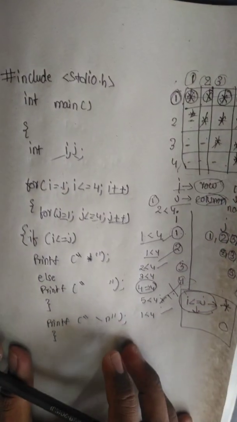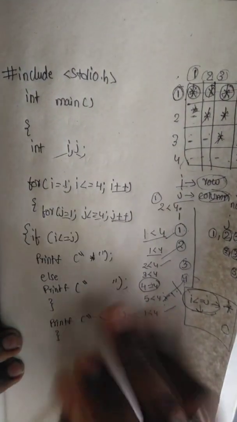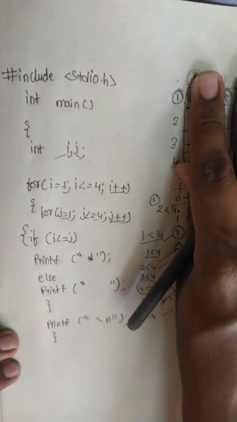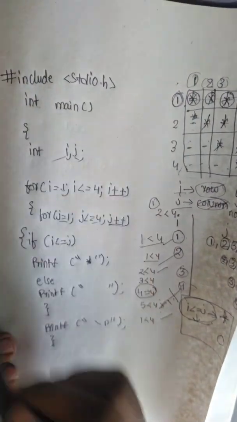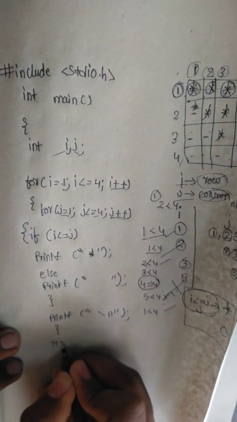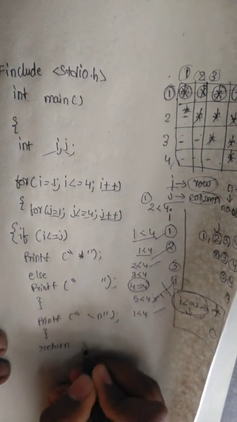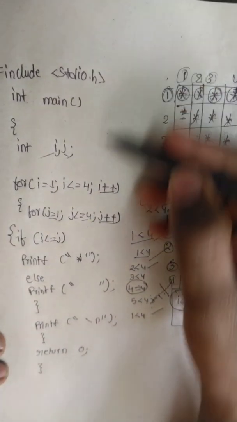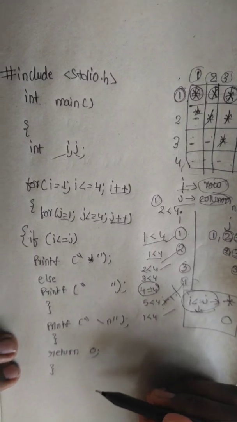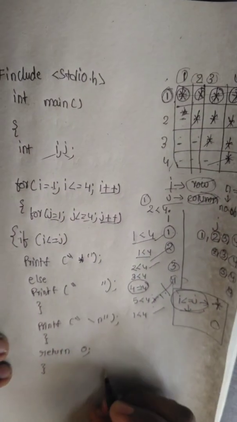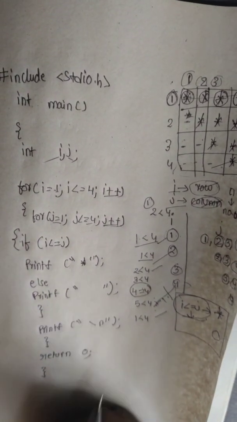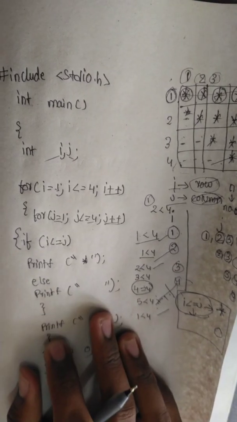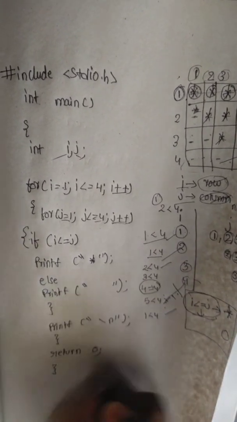Okay guys, this is the logic we implement to print this star pattern. Since I used the main function, I'm writing return 0 here. This is the program for this pattern. I hope you understood the program, and okay guys, thank you. Jai Hind.